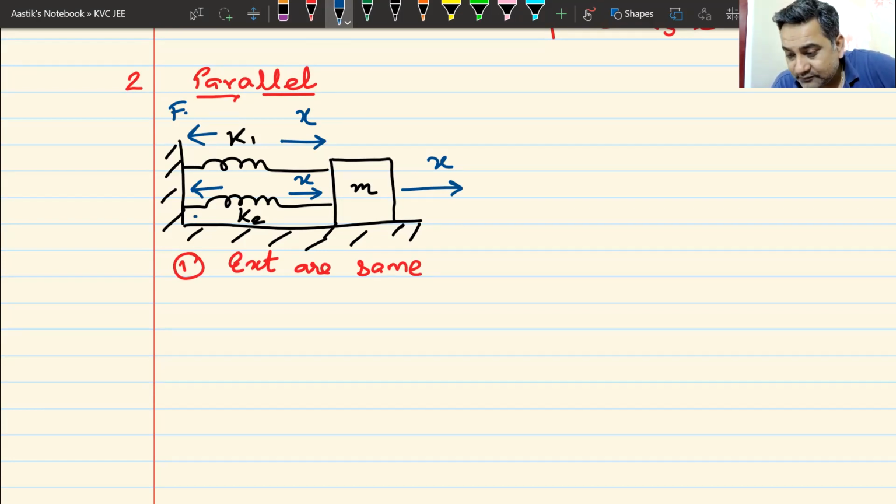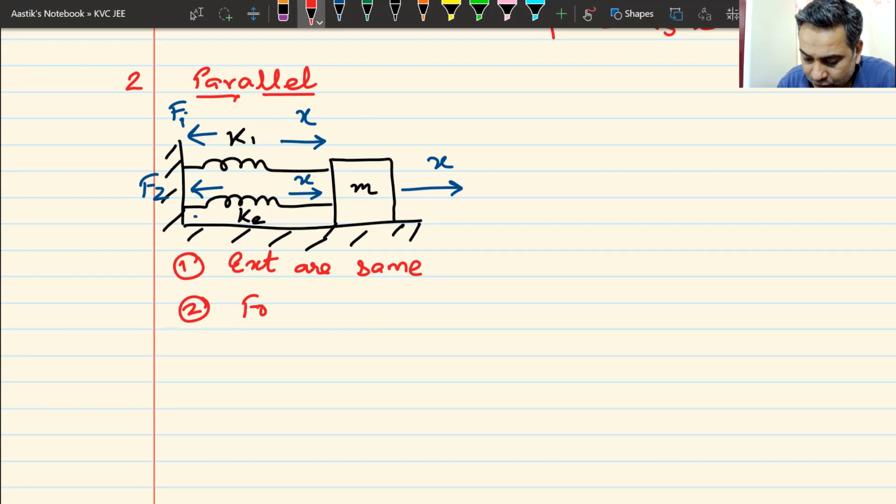What about force? Same, sir? No, they will be different. Force in the first spring is F1. Force in the second spring is F2. That is what you need to understand: extensions are the same, force is different.